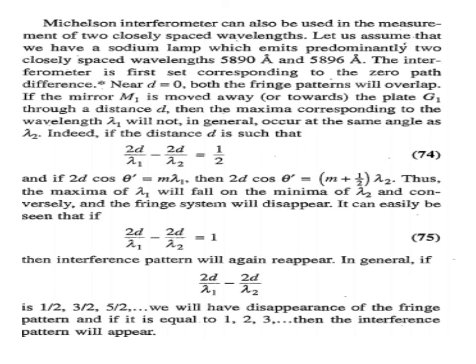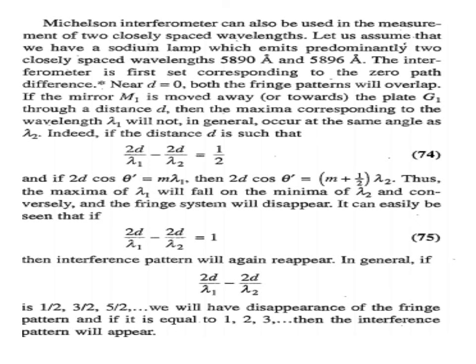Indeed, if the distance d is such that 2d by lambda 1 minus 2d by lambda 2 is equal to half, and if 2d cos theta dash is equal to m lambda 1, then 2d cos theta dash is equal to (m plus half) lambda 2. Thus, the maxima of lambda 1 will fall on the minima of lambda 2, and conversely, and the fringe system will disappear.